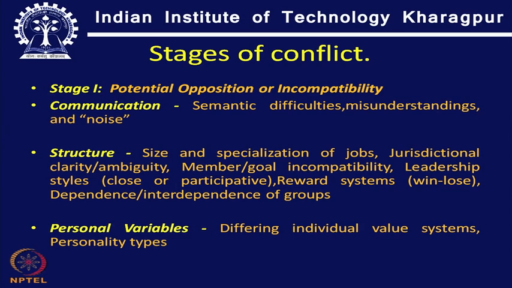Next is the structure. It depends on the size and specialization of jobs, whether there is clarity of purpose, jurisdictional clarity or ambiguity, whether there is member and goal incompatibility, what the leadership styles are, whether participative or closed in nature, what the reward system is, whether it is win-loss style or not, and whether there is dependence or interdependence between the groups.